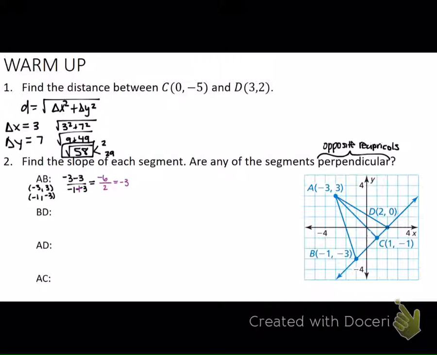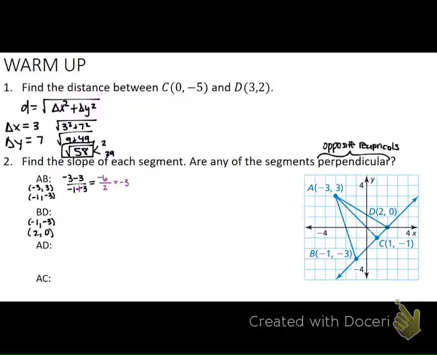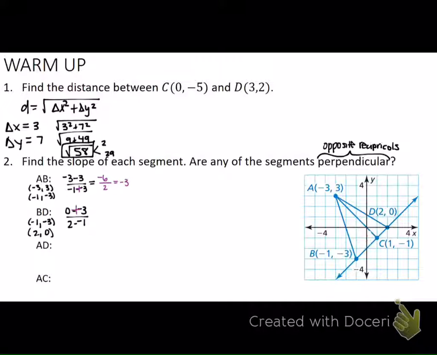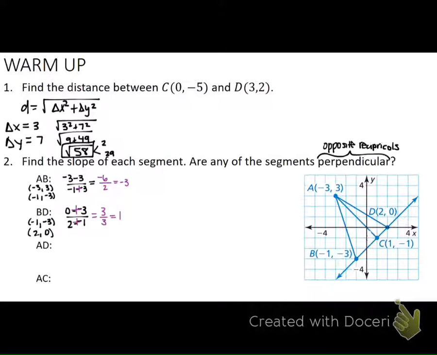BD is negative 1, negative 3, and D is 2, 0. So we do the 0 minus a negative 3 over 2 minus a negative 1. Minus a negative becomes a positive, so that's 3 over 3, which is 1.